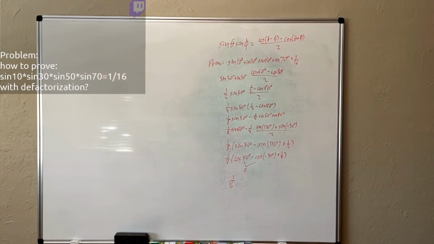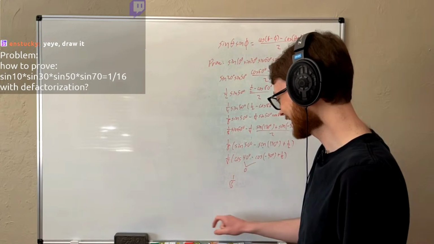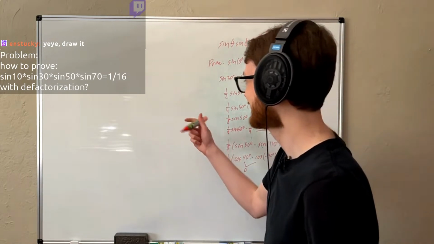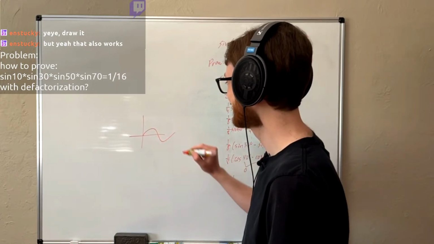Sine 50 equals sine... it does? Wait, am I stupid? Sine 50 equals sine 130? Wait, what? I got to it in a roundabout way, but how do you know that sine 50 equals sine 130? They're offset by 80. Draw it? Like the actual wave?